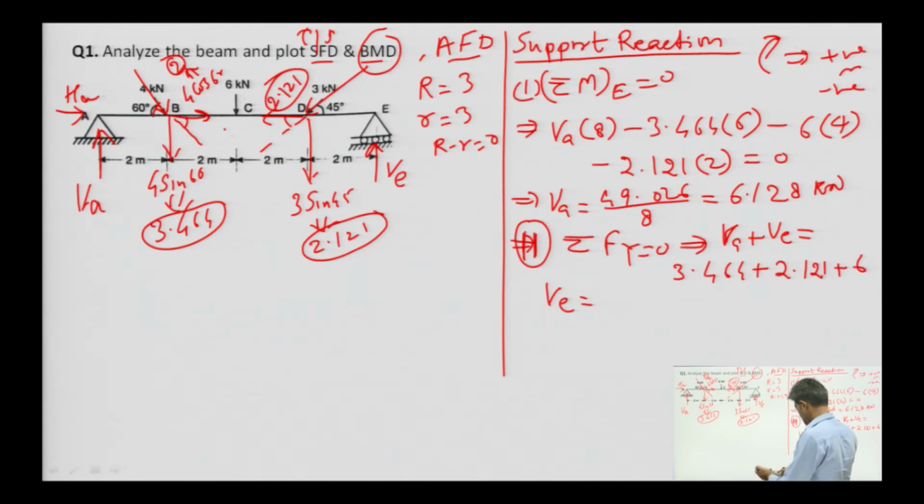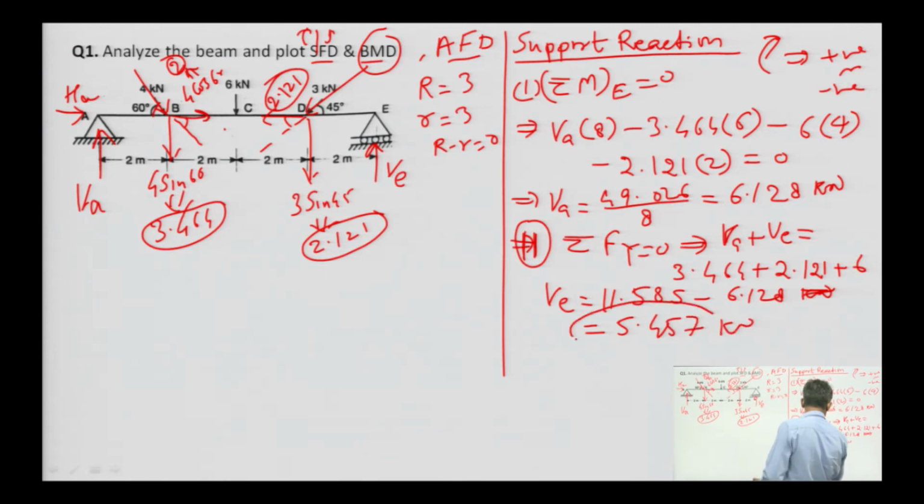3.464 plus 2.121 plus 6. So, total is 11.585 minus 6.128 kilonewton. Okay. That equals 5.457 kilonewton is the value of the force.